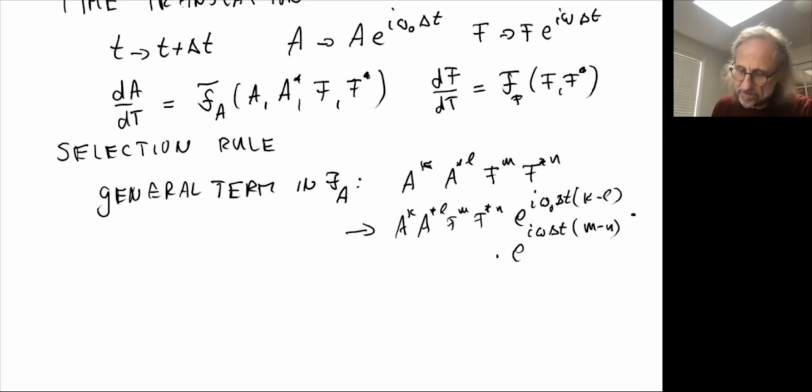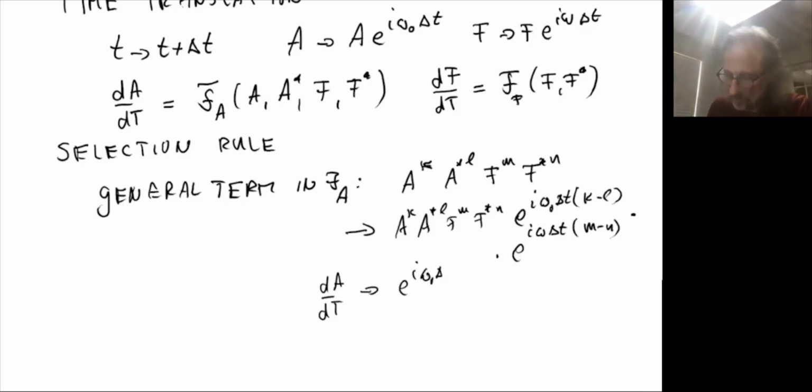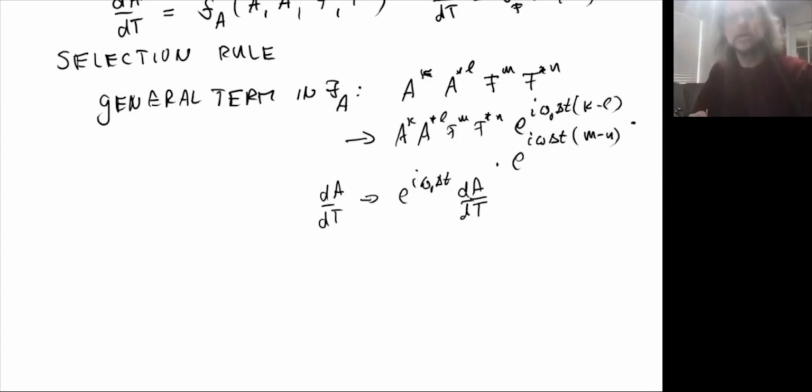And on the left-hand side, we have, maybe I should write that down once more, dA by dt goes to e to the I omega naught delta t times dA by dt. And so we have that both of these terms, this one and this one, have to, oh, this light is getting interesting.